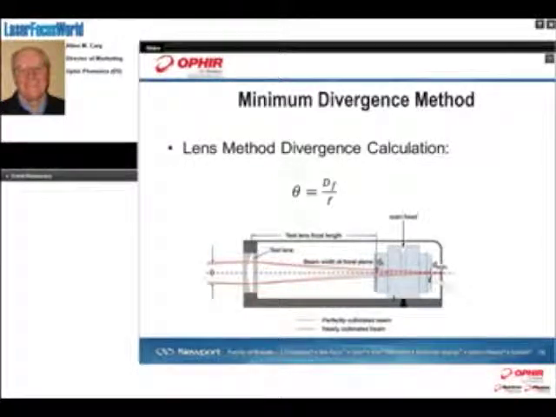If I need to calculate the divergence value that I need in order to get the waist to the maximum, because I don't want to go out and set up a profiler 10 miles away from my laser, then you would use this method as well to make those measurements.